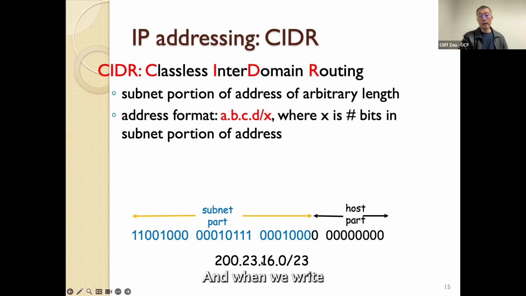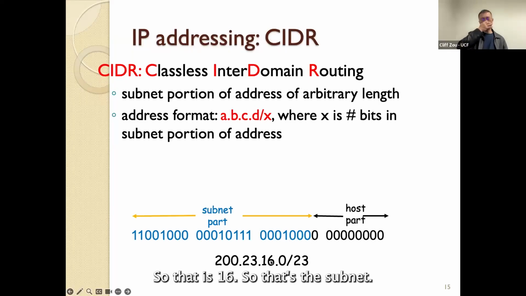And when we write out this a.b.c.d/x format, the IP address is basically the IP address when you zero out all the host part address bits. That's why this last byte is value 0. This byte is 10000, so that is 16.